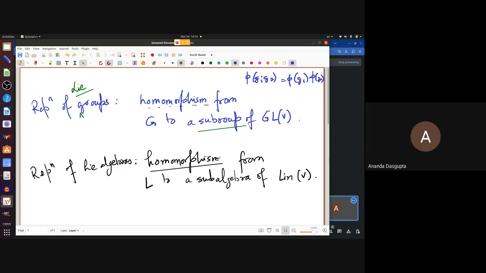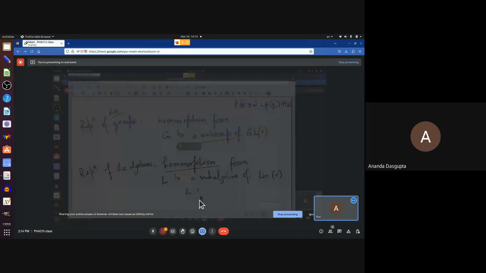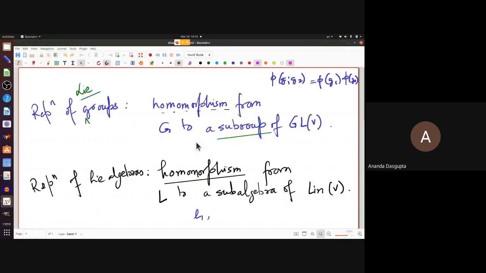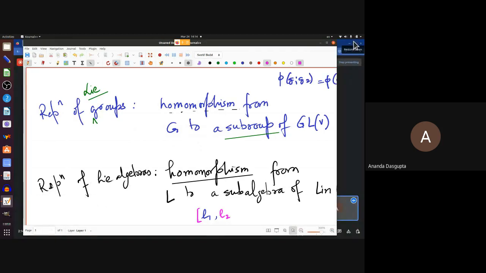When we are talking of a homomorphism from L to a subalgebra of Lin V, basically what I'm talking about is a map which will take two elements, let's say small l1 and small l2. Anyway, I hope you can all see this.